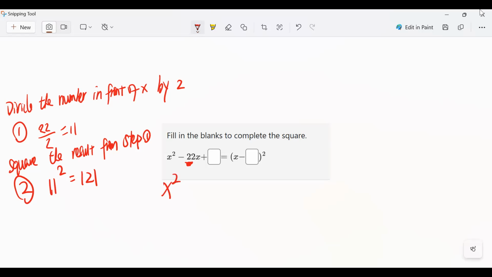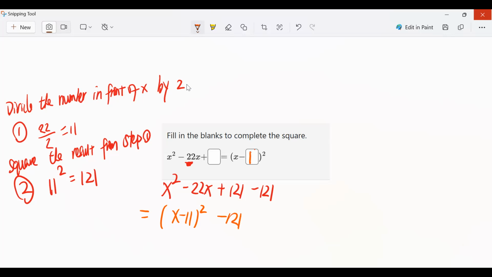So right here, you're taking 22, divide by 2, 11, square that, you get 121. And you add 121, you subtract 121. So eventually we're going to end up with x minus 11 squared minus 121.